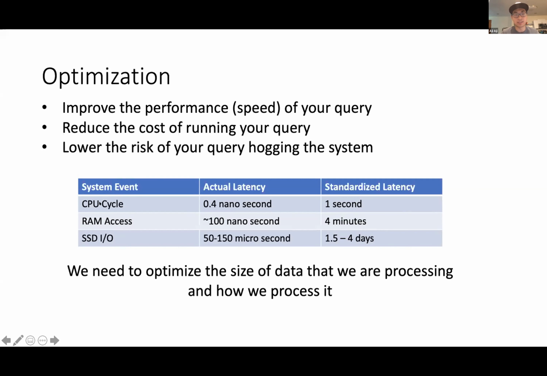So for example, if one CPU cycle takes 1 second, RAM will take 4 minutes to finish that, and working on your SSD or your hard drive will take like 1.5 to 4 days to complete the same task. So we want to avoid working on our SSD as much as possible and keep everything at least at the RAM level.